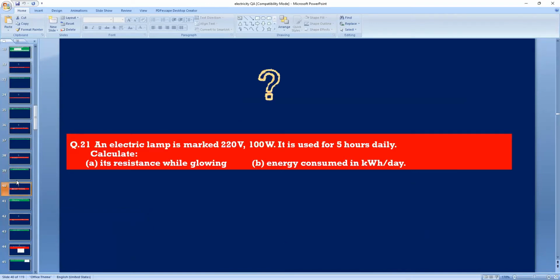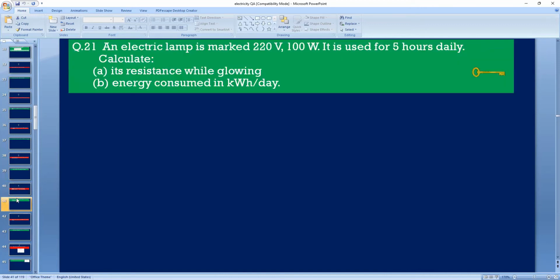An electric lamp is marked 220 volts, 100 watt. It is used for 5 hours daily. Calculate the resistance while glowing. B question: energy consumed in kilowatt hour per day. Now, electric bulb has marked with 220 volts, power 100 watts, time 5 hours.